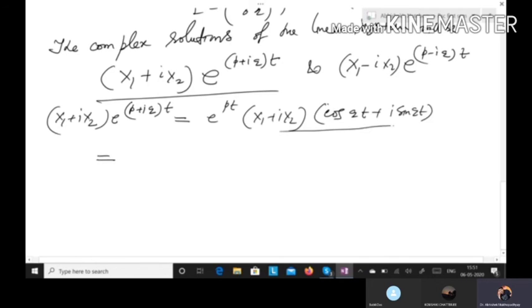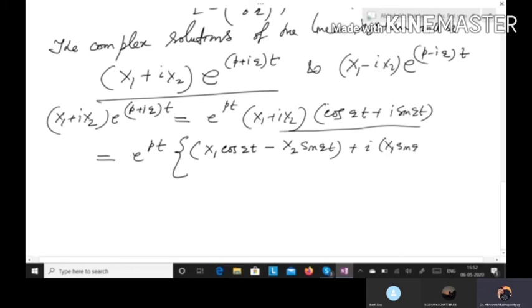So therefore, by multiplying these two, we have e to the power pt. Now if we multiply this in the natural way of complex multiplication, then we see that it is x1 cos qt minus x2 sin qt plus i(x1 sin qt plus x2 cos qt).